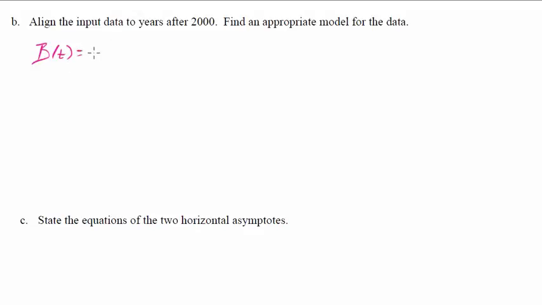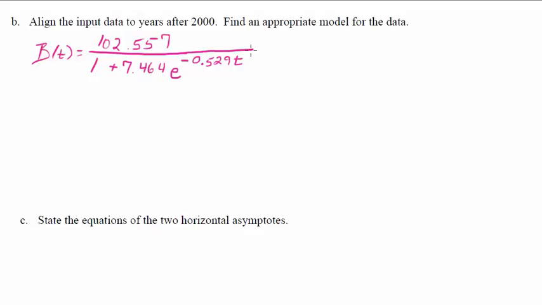So my equation is 102.557 over 1 plus 7.464 e to the negative 0.529 t. Remember, the negative is already in the formula. I don't know if it's clear from my sloppy handwriting, but that should be over all of that.